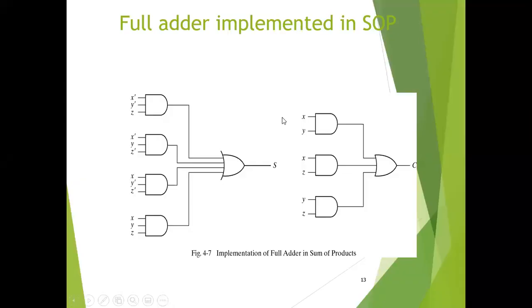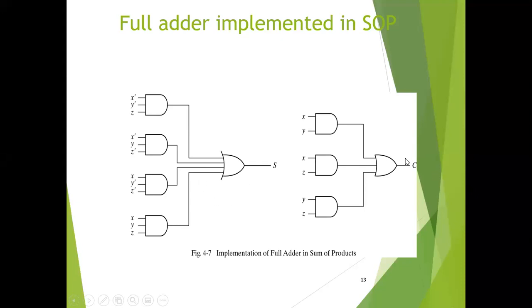This is the implementation of the full adder circuit in the form of sum of products, and this is for the sum output bit, which is equal to a sum of products. The products are obtained by using these four AND gates, and the sum is obtained by using this OR gate.